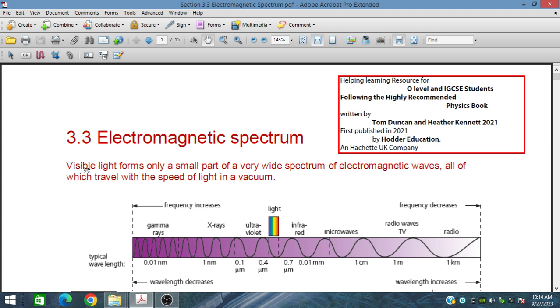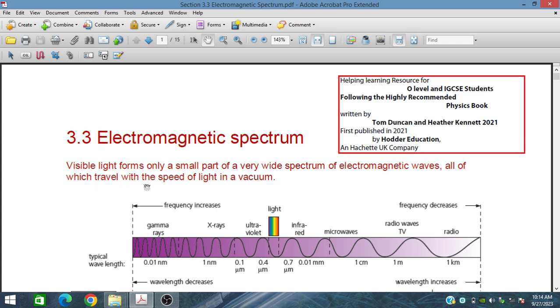Visible light forms only a small part of a very wide spectrum of electromagnetic waves, all of which travel with the speed of light in a vacuum.